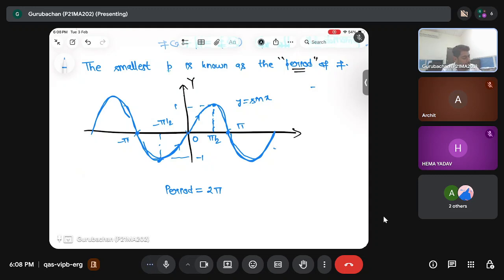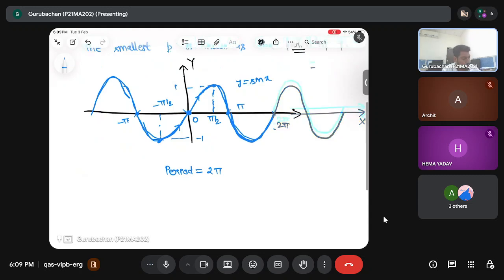If you start from 0, it goes to 1, then 0, then minus 1, then to 0, and after that it will be like this again. So it starts repeating itself after 2 pi. The period is 2 pi.